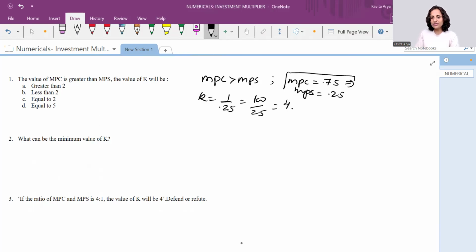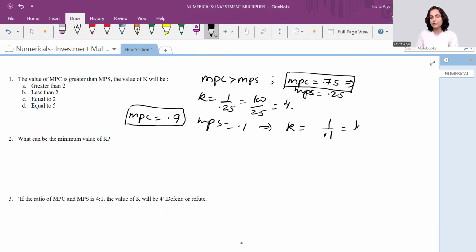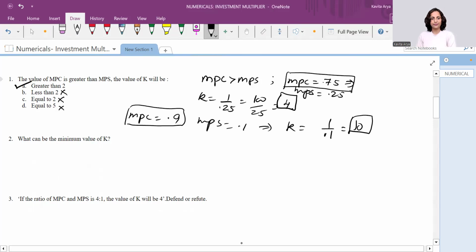To justify it with one more case, if we take MPC as 0.9, MPS would be 0.1, and this implies K would be 1 by 0.1, that's equal to 10. So in both the cases where MPC was more than MPS, I had my answers 4 and 10. So equal to 2 goes, equal to 5 goes, less than 2 goes. So my answer is greater than 2.